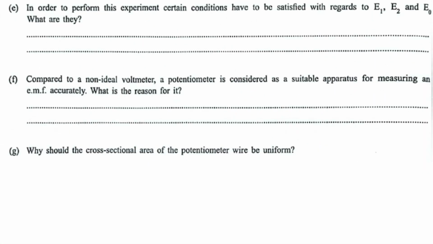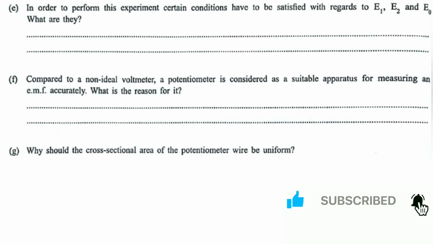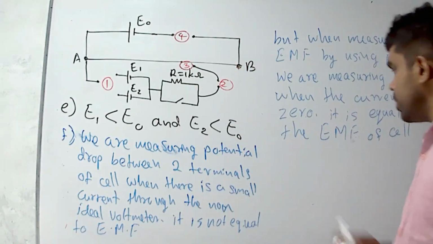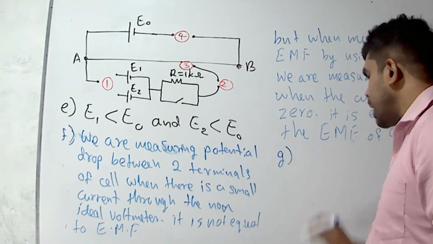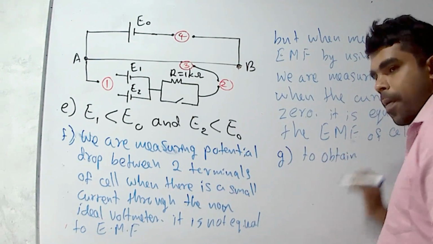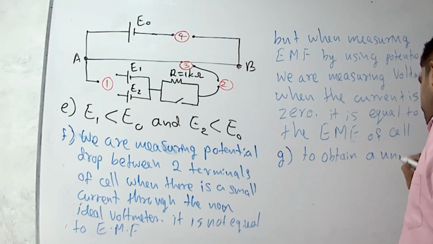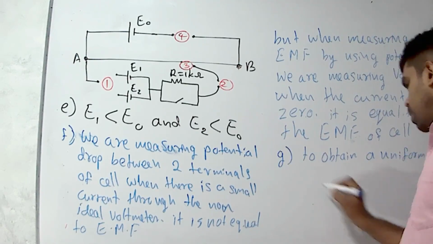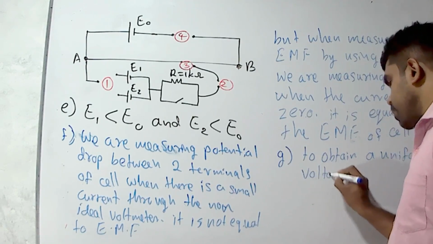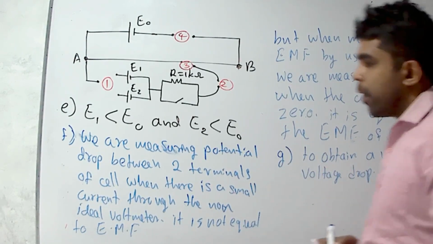In part G, why should the cross-sectional area of the potentiometer wire be uniform? To obtain a constant voltage drop. To obtain a uniform voltage drop.